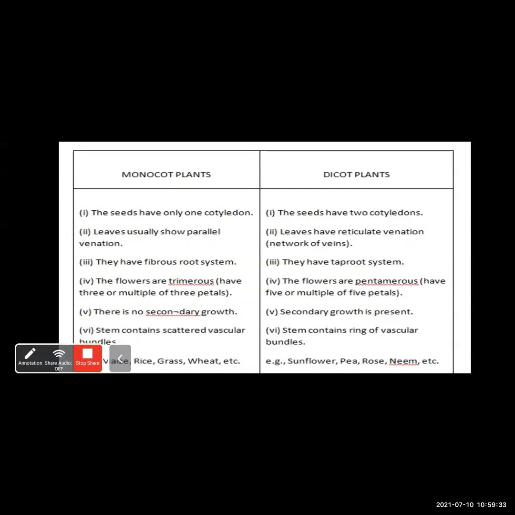Then the sixth point: the stem contains scattered vascular bundles, while here the stem contains a ring of vascular bundles. Examples of monocotyledonous plants are maize, rice, grass, wheat, etc., while dicots are sunflower, pea, rose, neem, etc., and many more. You can write any examples which are correct.